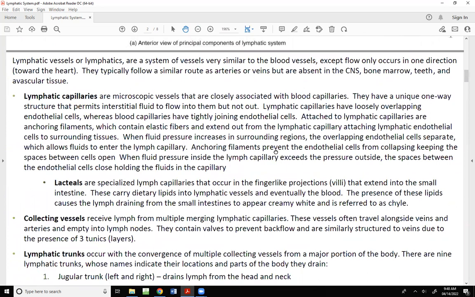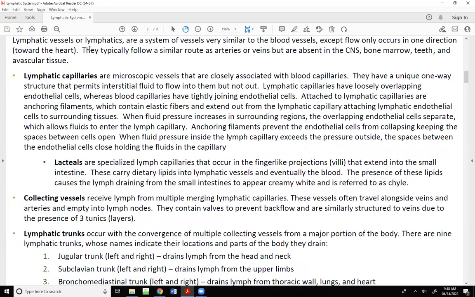Our lymphatic vessels are a system of vessels very similar to blood vessels, except flow only occurs in one direction, which we already talked about, back towards the heart.